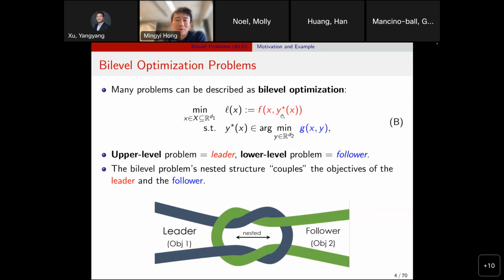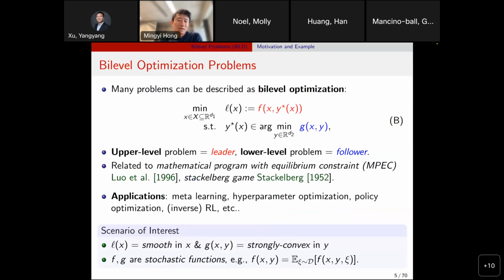From the leader's perspective, you're not only fixing y, but you know that the follower is going to react optimally, so you can anticipate what the follower will do and then optimize. So he or she has more power over the choice of actions. That's why the upper level player is called the leader.